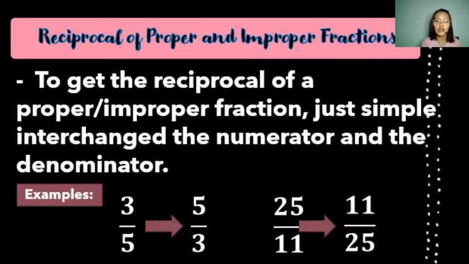Si 25/11, kapag kinuha yung reciprocal, magiging 11/25. Kapag kinounter-check natin yan, ang equivalent ng kanilang product ay 1. Kapag sinabi natin equivalent niya is 1, yung numerator and denominator niya is the same. Same lang yung product ng numerator and same lang ang product ng denominator. Kapag ganun po ang nangyari, that is equal to 1.